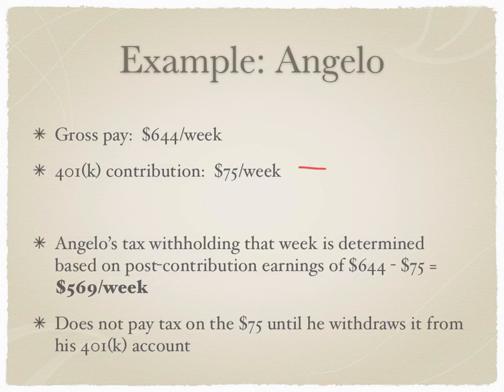It's based on him earning $644 minus $75, $569 that week. That $75 is not taxable until it's withdrawn, which won't be for many years, and that may put Angelo in a different tax bracket. So there may be many facets of the tax benefit of doing this.